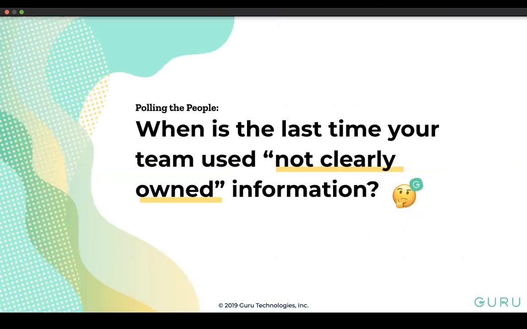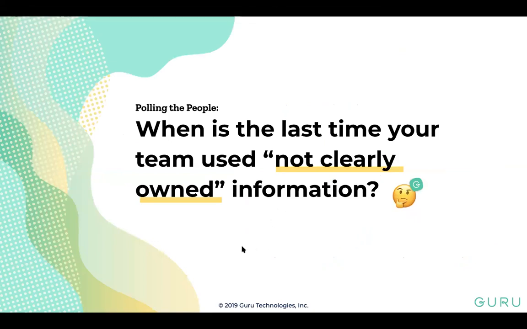We've talked a little bit about authors having clear ownership over knowledge. So I'm curious, when's the last time that your team used information that was not clearly owned? I'm going to launch the poll now. Just let me know, when's the last time that your team used information that wasn't clearly owned?